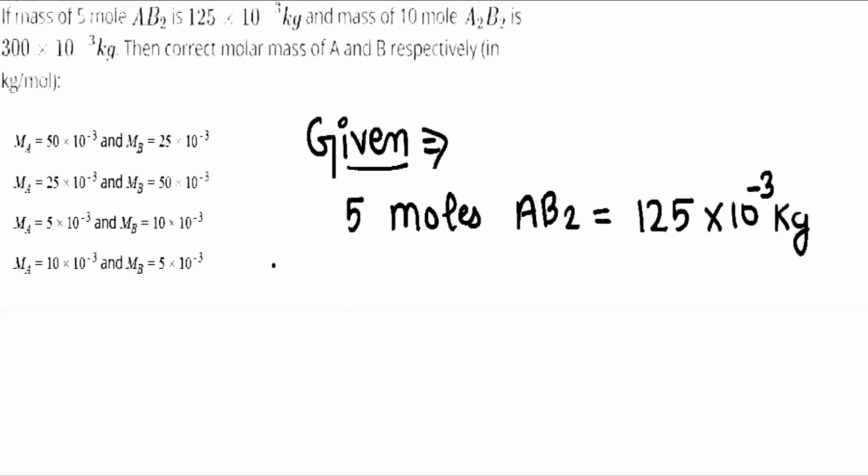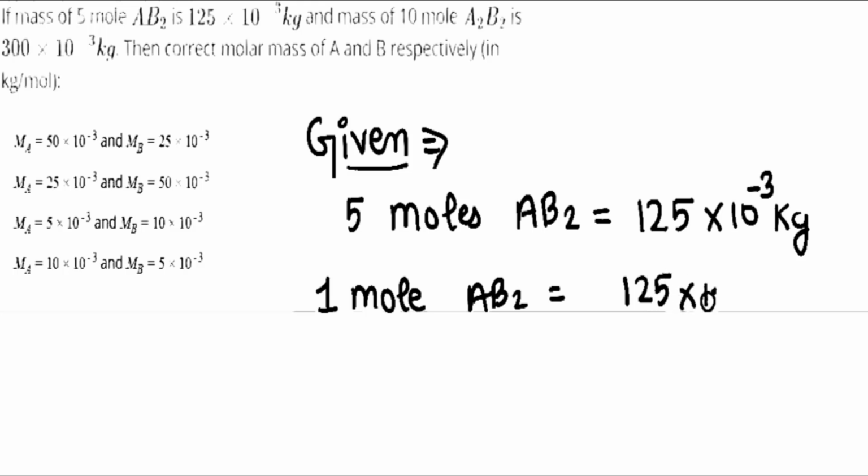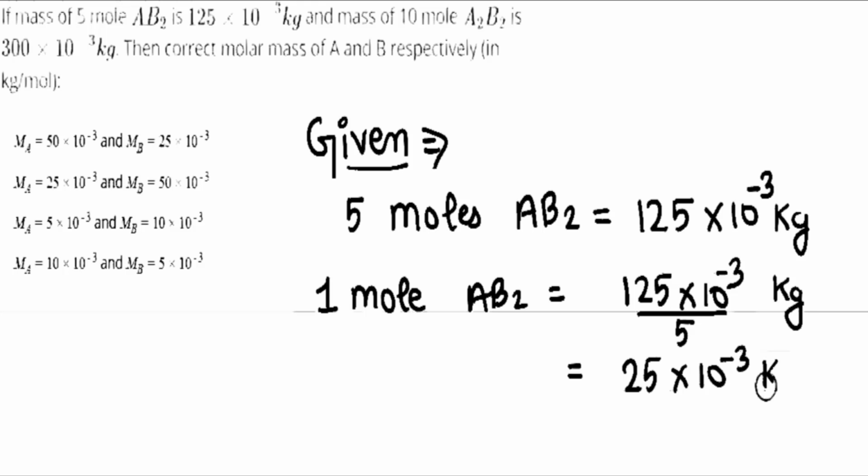So what is the mass of 1 mole of AB2? 1 mole of AB2 weighs 125 into 10 to the power minus 3 divided by 5 kg, which turns out to be 25 into 10 to the power minus 3 kg.